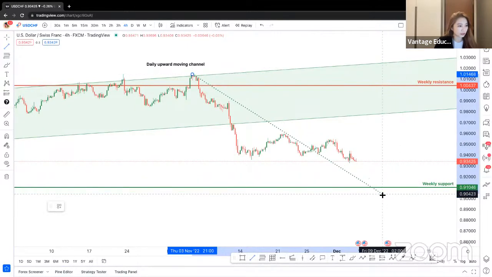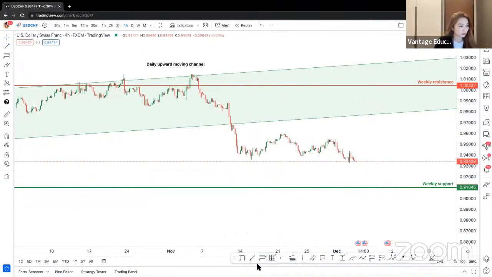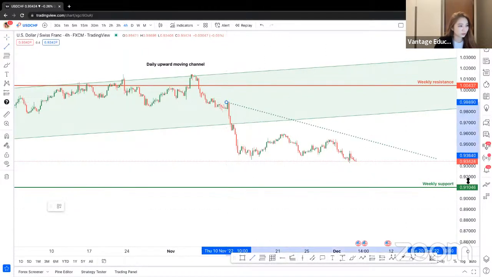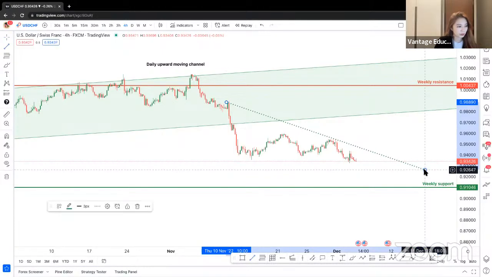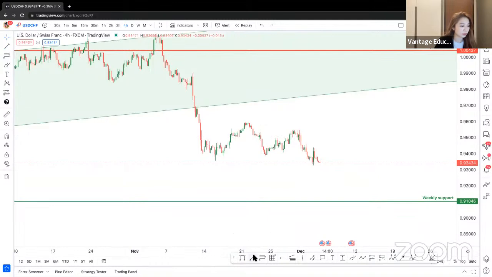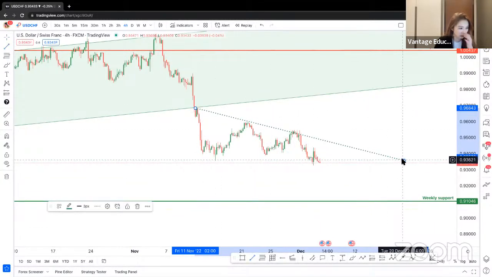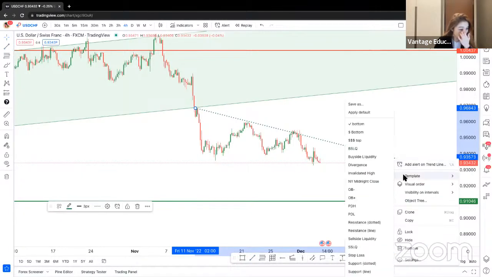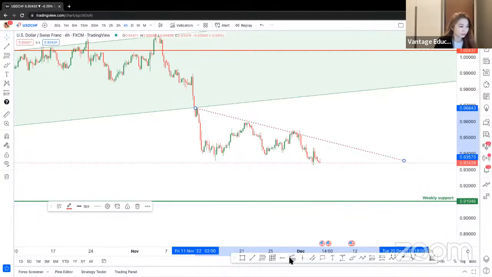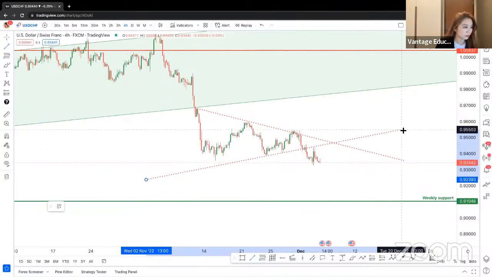In this case, let me just take a look. There are two views to this. I am more likely to see the closer one, which is this, as well as an upward sloping previously.